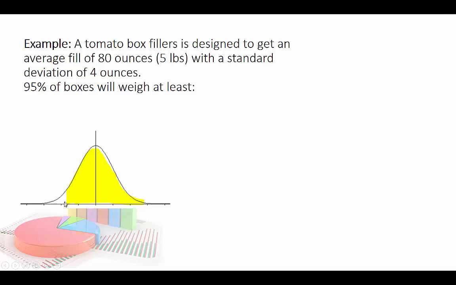I'm guessing this is roughly 5%, maybe a little more this way or that way. But one thing I do know is that this green area is 0.05 and this yellow area is 0.95. Using the calculator, I'm going to do inverse norm of 0.05, because that's this area right here, and I will get negative 1.645.